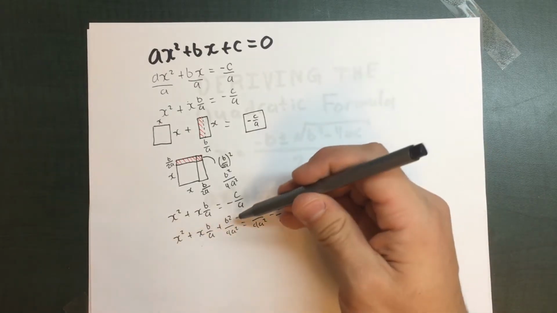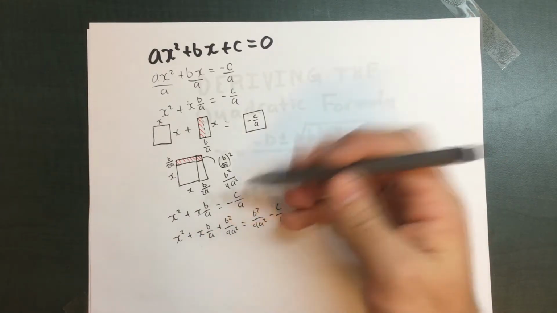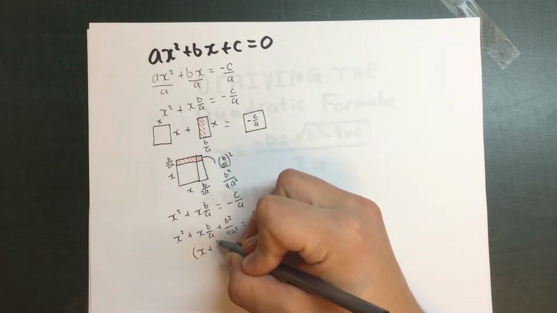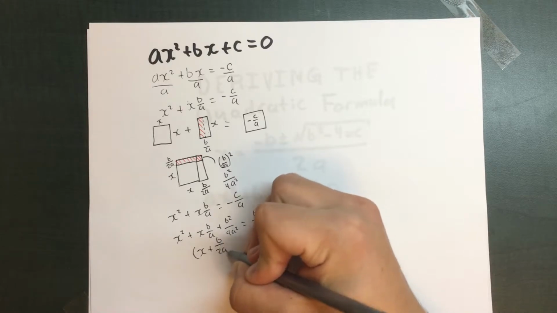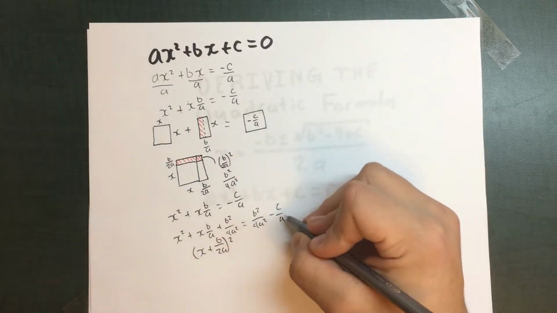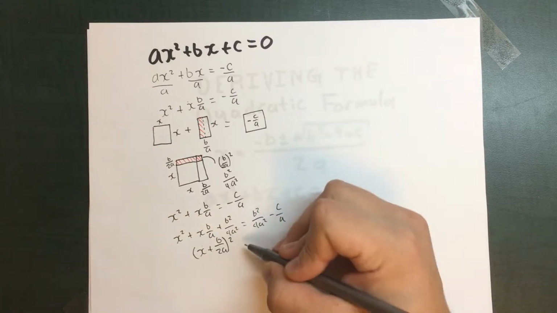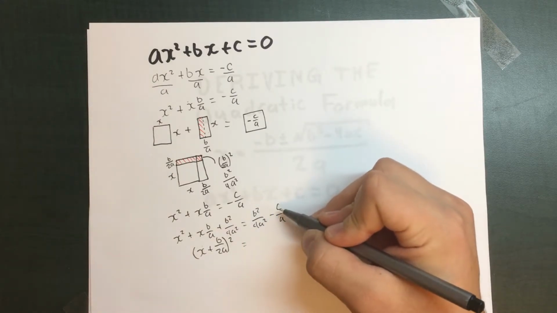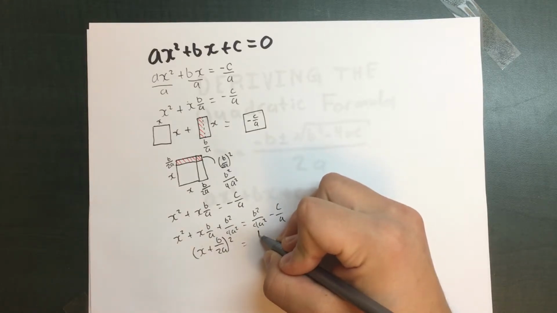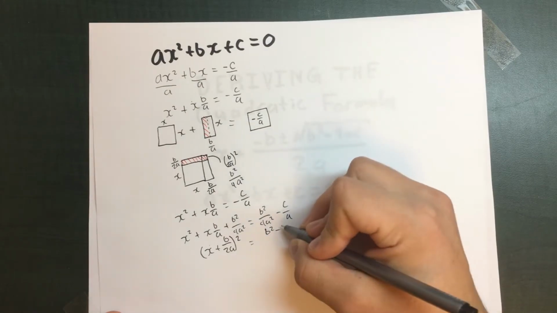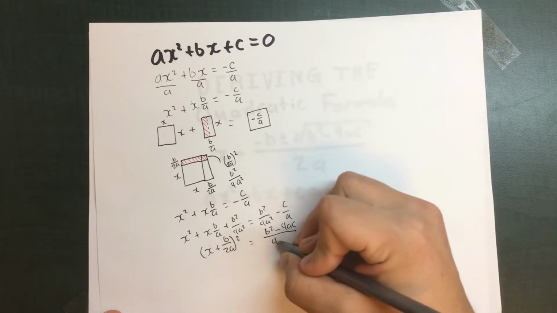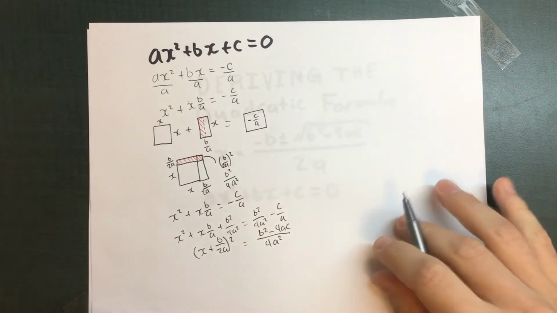Now you'll notice this part of the equation is factorable, and if we factor it, we'll get x plus b over 2a squared. If we subtract these two terms, so we multiply this side by 4a, we'll get that b squared subtract 4ac is over 4a squared.